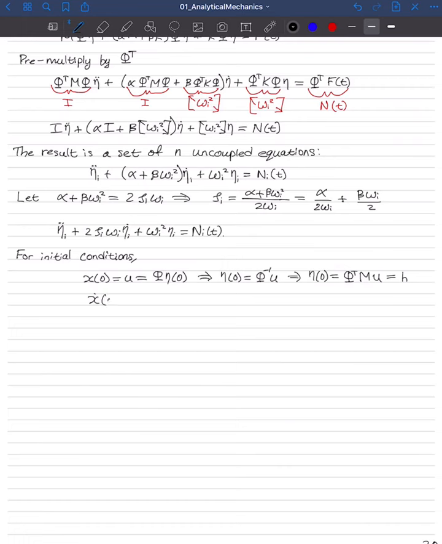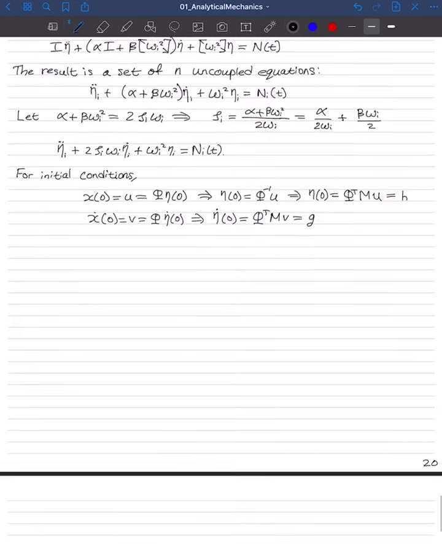A similar thing can be done for x dot. So this will imply that eta dot of 0 is equal to phi transpose m v, and we can call this g. Okay, great.